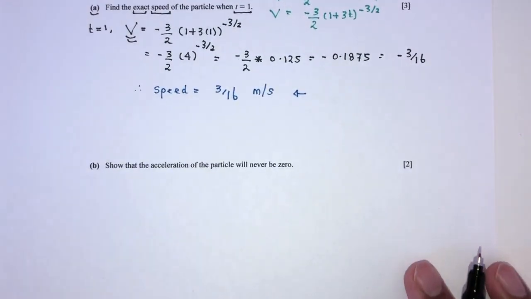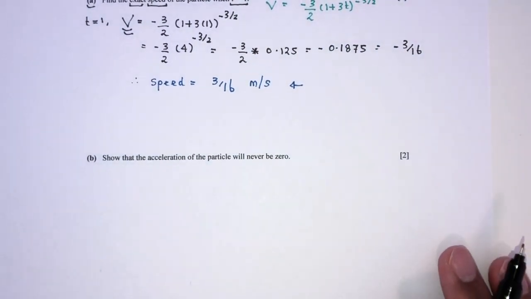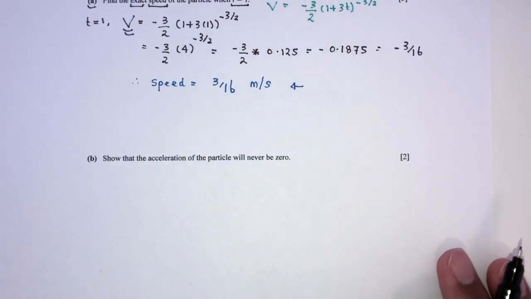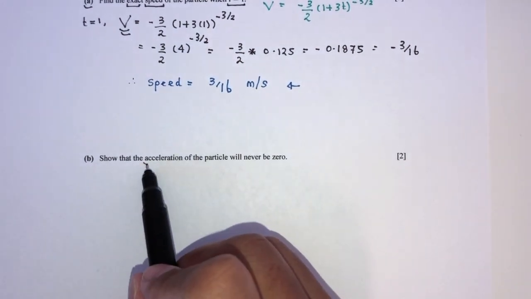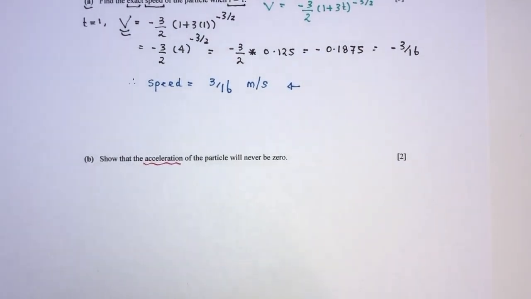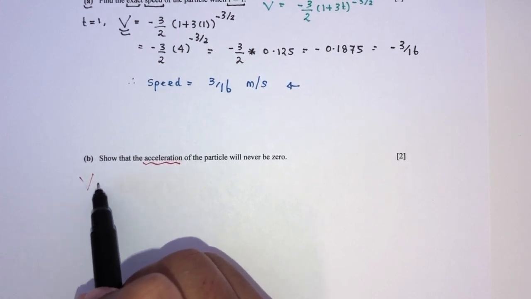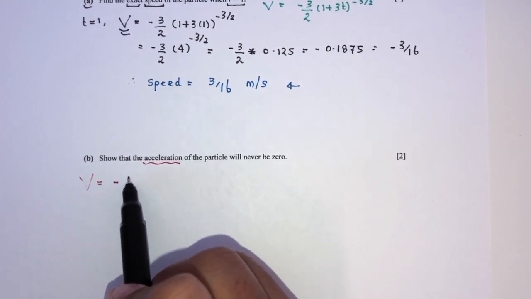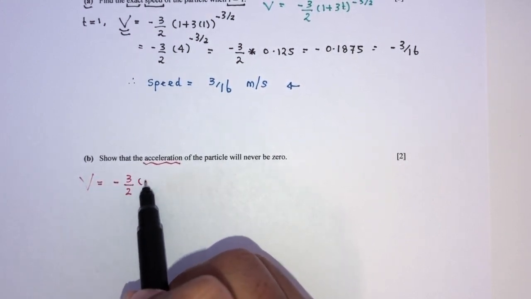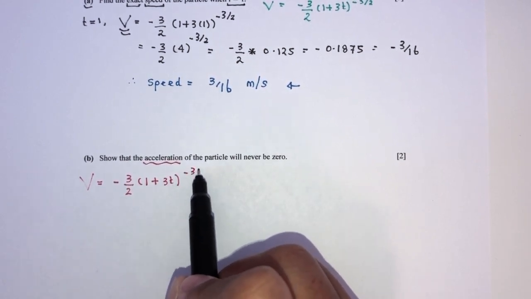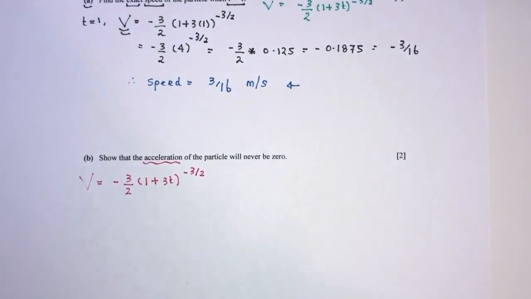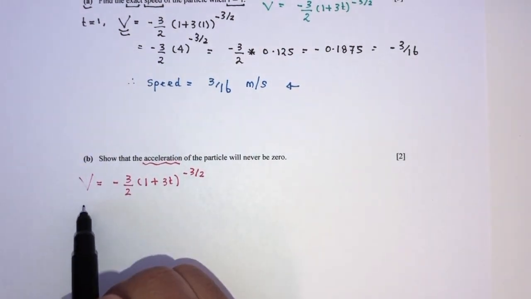Now let's move on to part B of your question. Here we have to show that the acceleration of the particle will never be 0. So let's first derive the equation for the acceleration. We know v is equal to minus 3 over 2, (1 plus 3t) to the power of minus 3 over 2, right? Now from this we have to find acceleration.